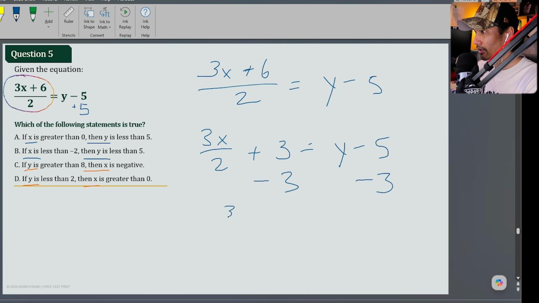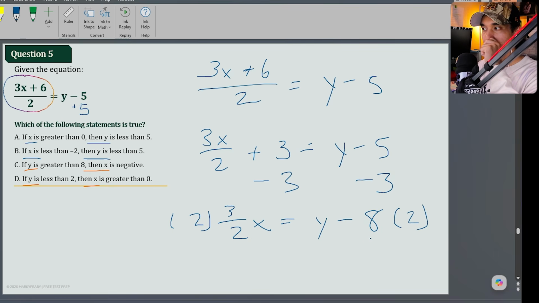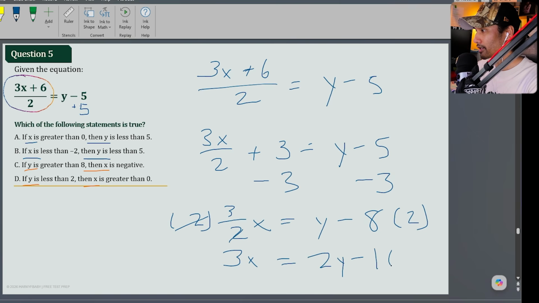That's going to give me 3 halves x equals y minus 8. And then I'm going to multiply by 2. That's going to give me 3x equals 2y minus 16, and then divide everything by 3.